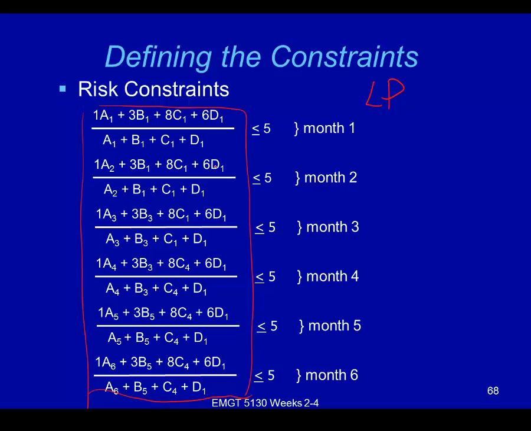But can we change it to a linear function? Can we change these constraints to linear functions so that our model is still a linear programming model that we can solve using the simplex algorithm, which is used to solve only linear programming models?